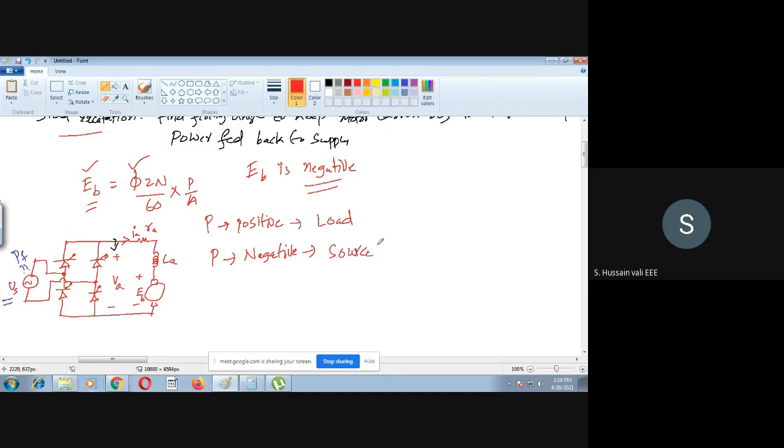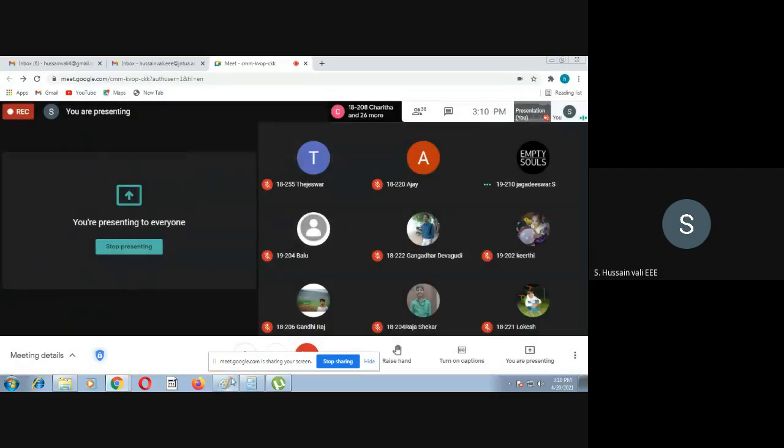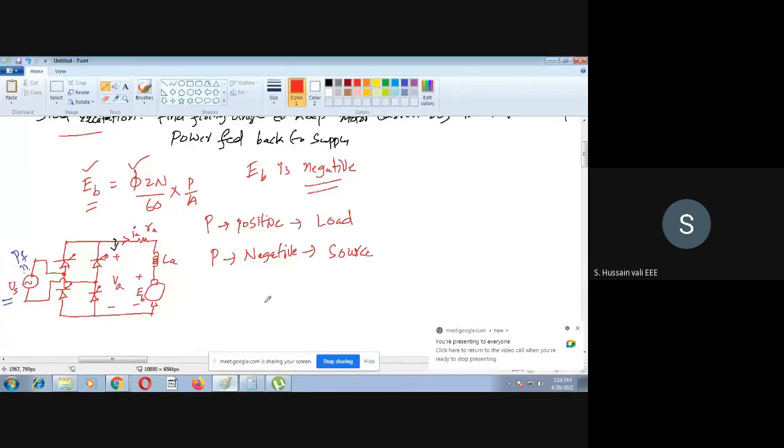So in any element, if the power is positive, you can call that element a load which takes power. If the power is negative, you can consider that element as a source. That is the meaning of this.